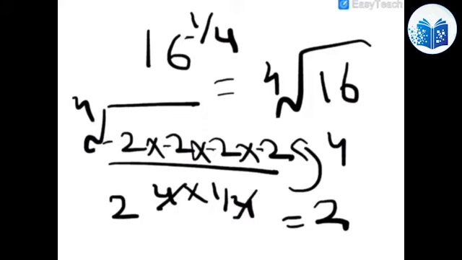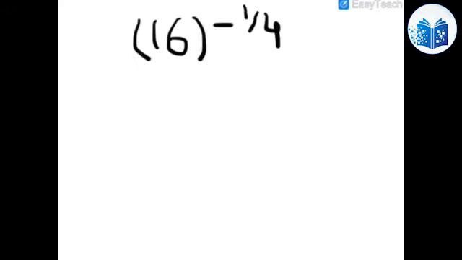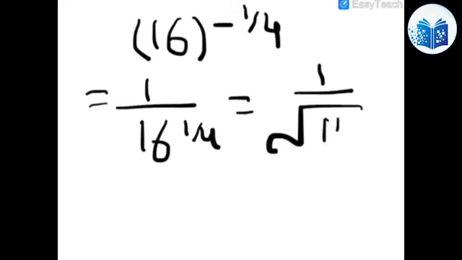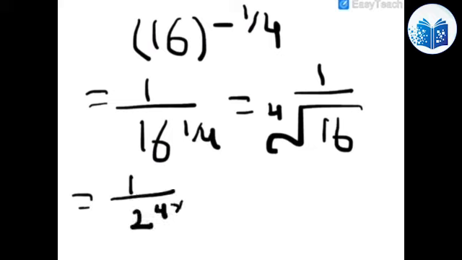If I do it this way, if it is 16 whole minus 1 over 4, it means it's 1 over 16 power 1 over 4, which means 1 over the fourth root of 16, which is 1 over 2 power 4 into 1 over 4, cancel, and the answer will be 1 over 2 if the power is negative. Okay.